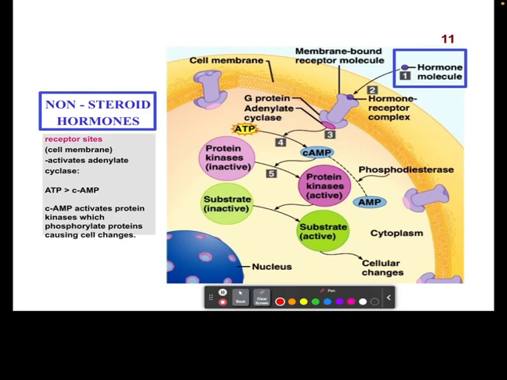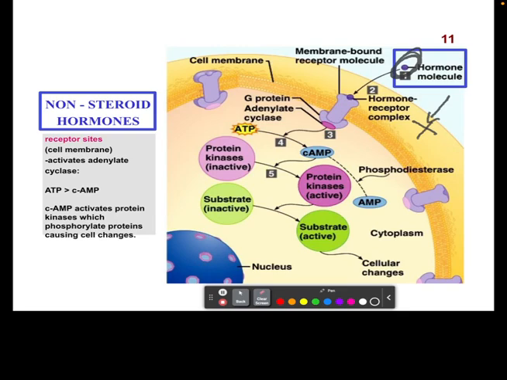So if we're looking at this picture, one of the big things here, and one of the major differences here, is that the hormone, which is up here in the upper right hand corner, is not going to pass through the cell membrane and go to the nucleus.